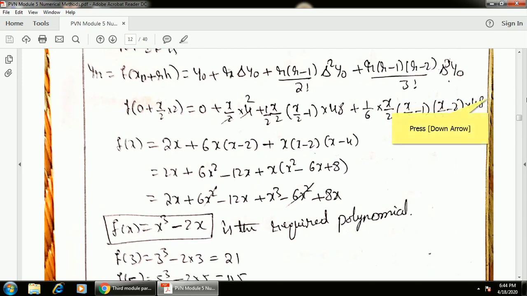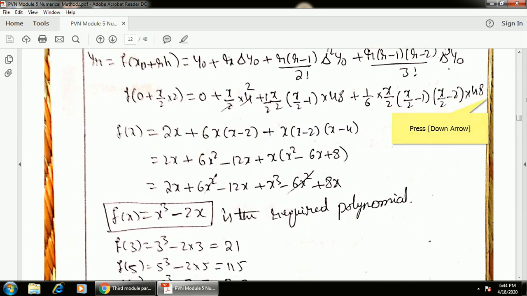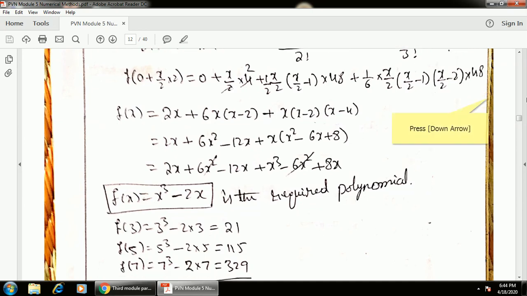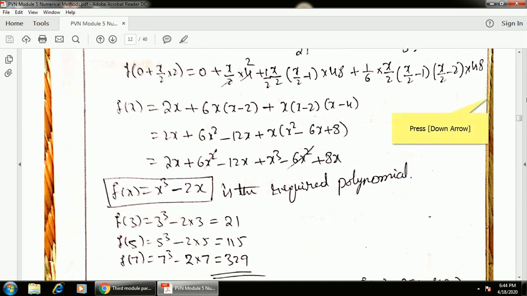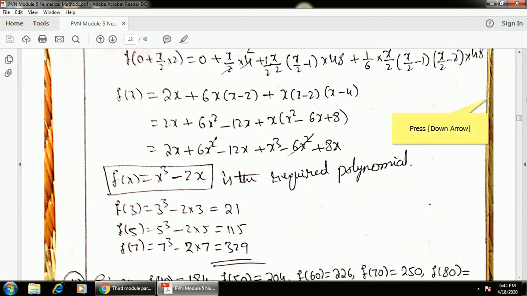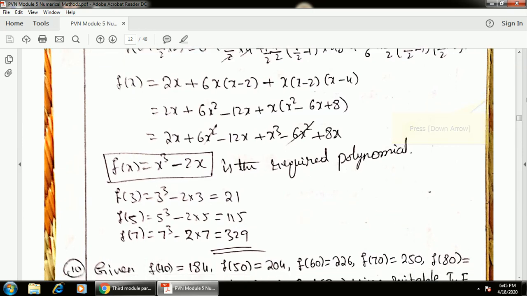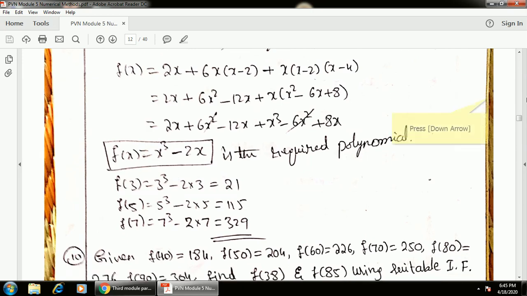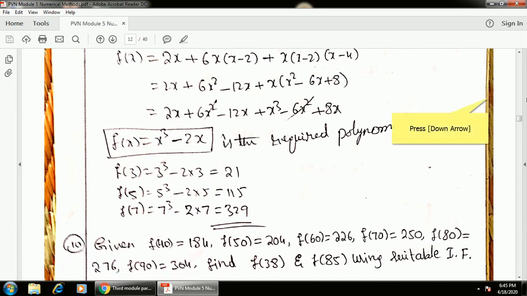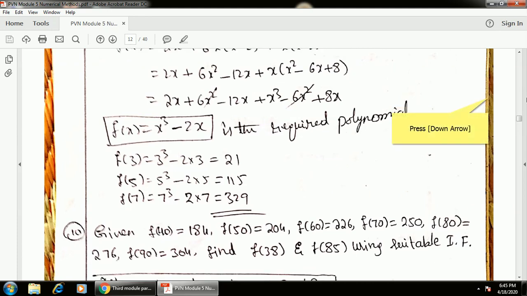We are getting those required values. Okay, this is the method of solving the problems.